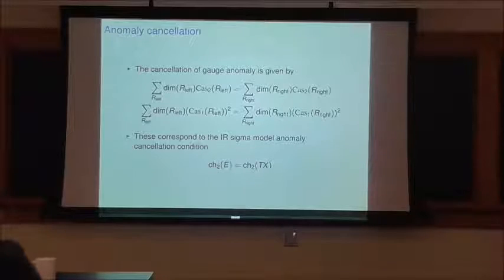And it just turns out this is exactly the same as the (0,2) anomaly cancellation for nonlinear sigma models. So this is a very good result, saying that the UV anomaly cancellation is the same as the IR nonlinear sigma model anomaly cancellation.